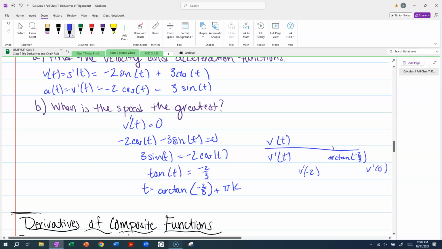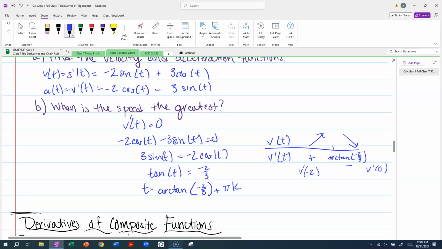I'm just guessing. For a greatest value, we would need to see that whatever we pick for our test values gives a positive value for that derivative on the left and a negative value on the right. Then we'd see the increasing and decreasing behavior for velocity, and thus we get a maximum.